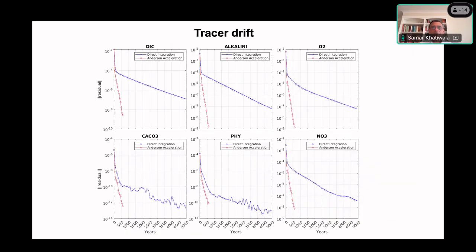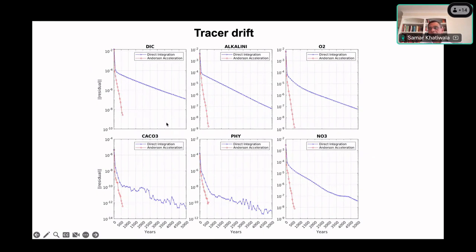The first thing here is I'm just going to show you a few selected tracers. There are 24, and there's no need to see all of them. This is the tracer diff, the norm of the residual on a log scale, and this is the integration time in years. The blue line is direct time integration, and the red one is the Anderson accelerated solution.